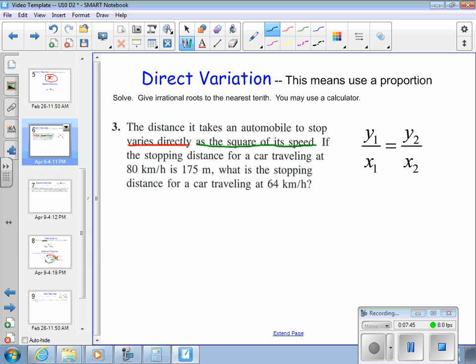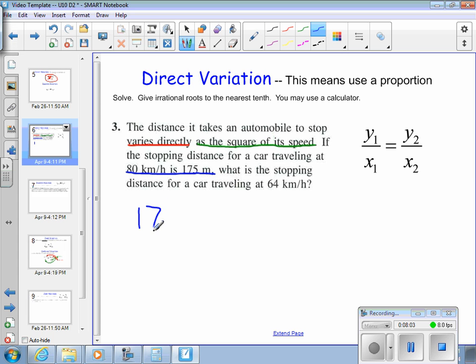So let's put stopping distance on the top and speed on the bottom. And notice it says it's the square of its speed, so we're going to have to square the speed in this proportion. First we'll look at this set right here.